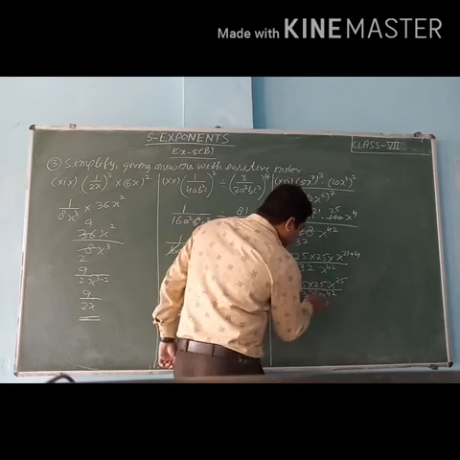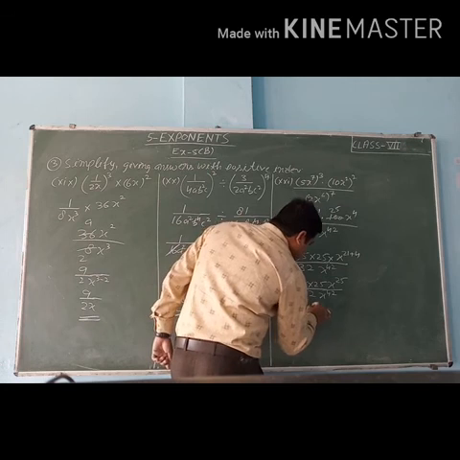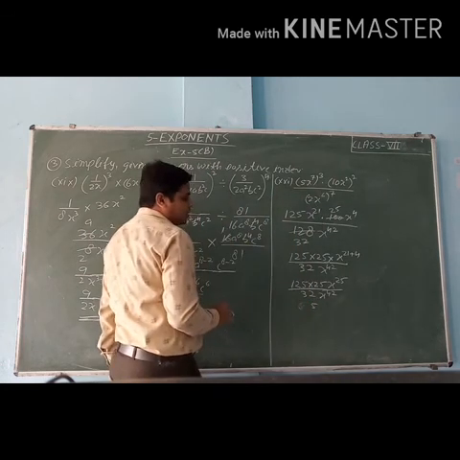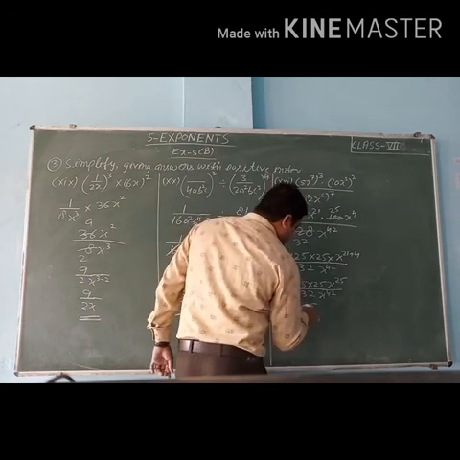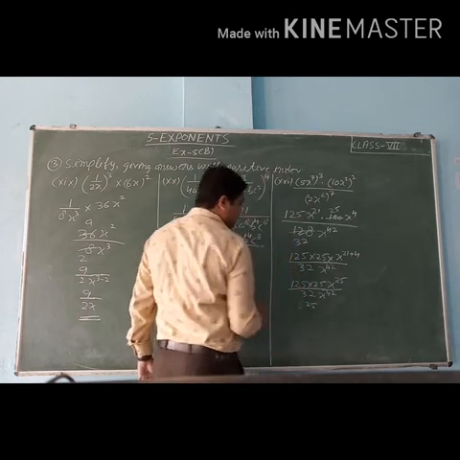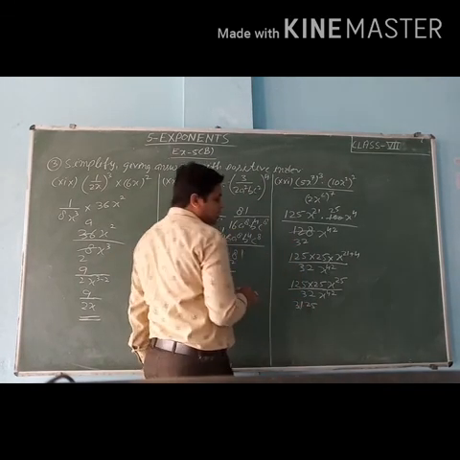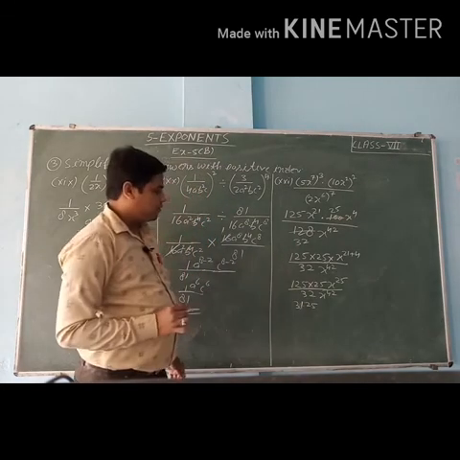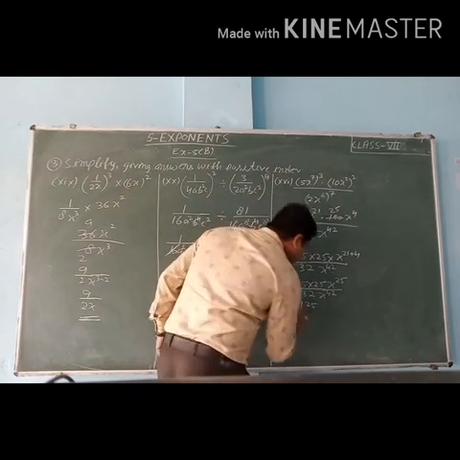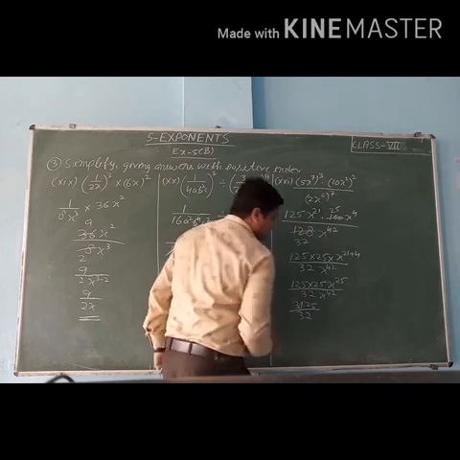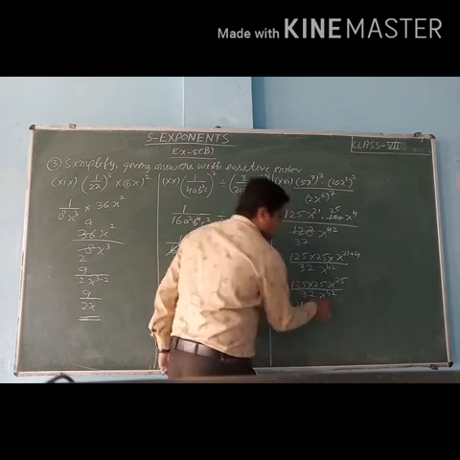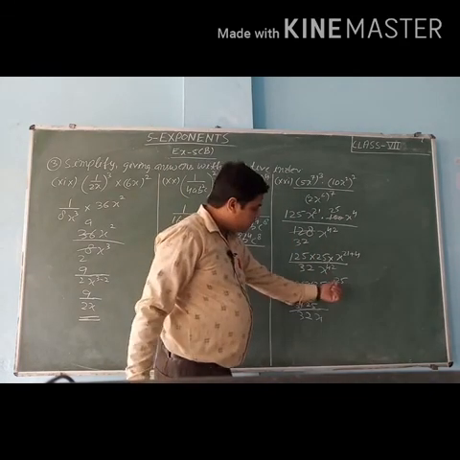So students, 125 multiply 25: 5 5s are 25, carry 2; 5 2s are 10 plus 2 is 12, carry 1; 1 5 is 5 plus 1 is 6. Hmm, so it will come 3125 upon 32. Then you can see here x is having power 42, here 25.